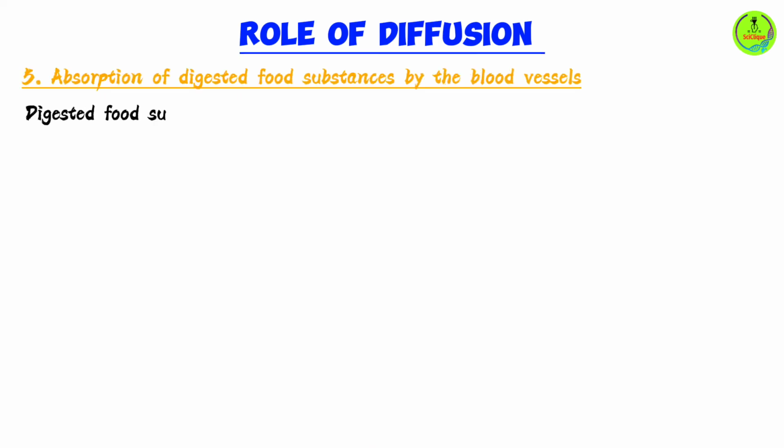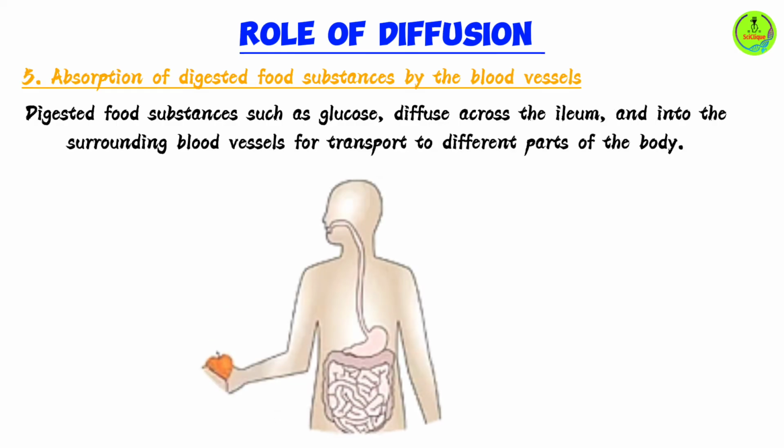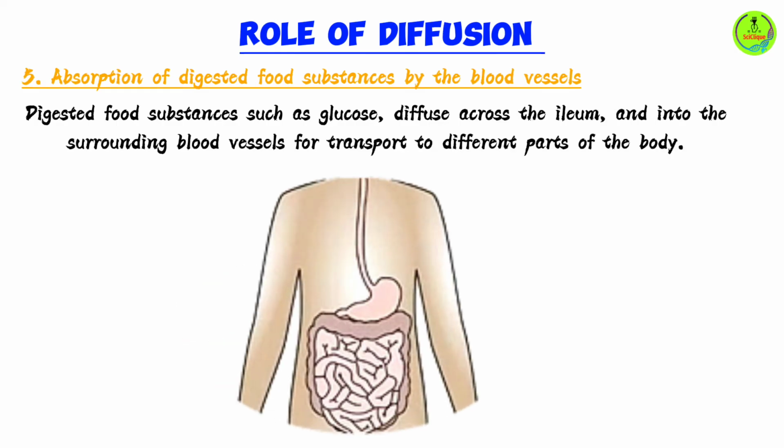Now, our last role of diffusion is that it's also involved in the absorption of digested food substances in the animal's body. In mammals, the last stage occurs in the ileum. At this point, you're going to have food substances broken down to their simplest forms, for example, glucose, amino acids, and such.